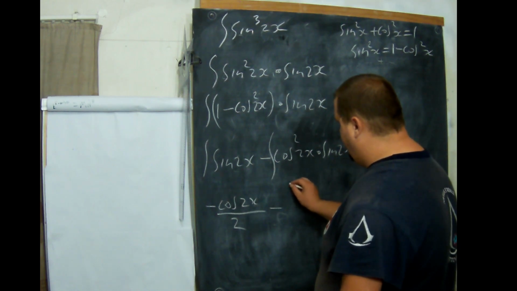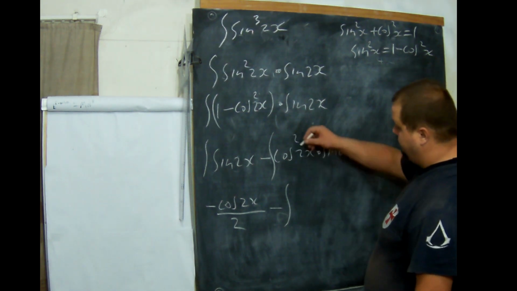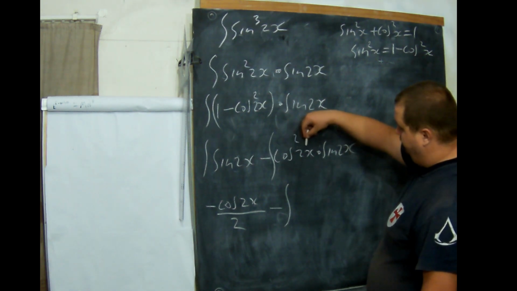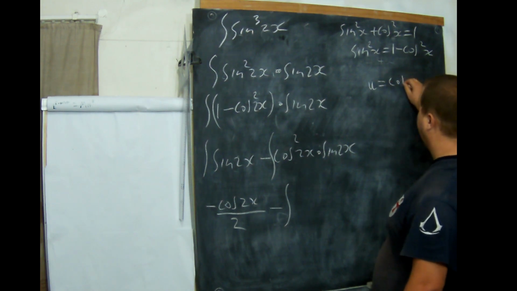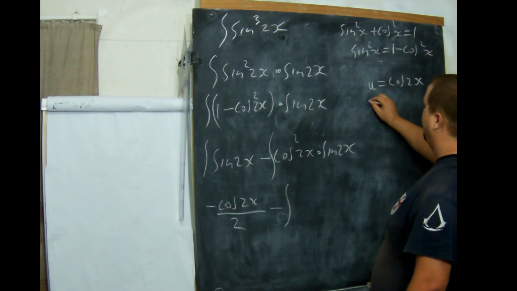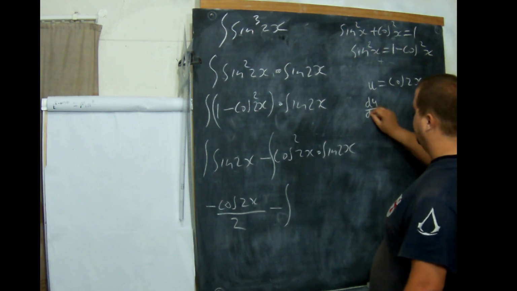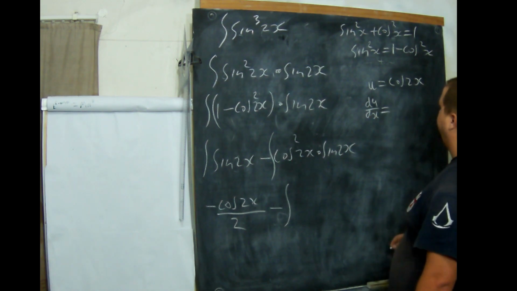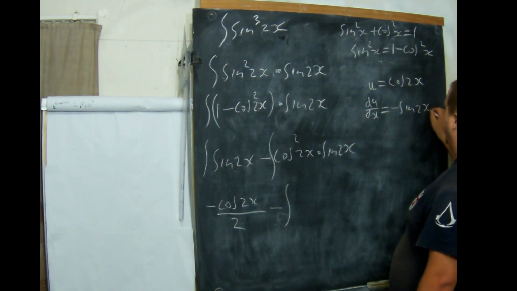minus. Now for this part, we are going to do u substitution, because cos 2x can be u. U equals cos 2x. So du over dx, the differential of cos 2x, is minus 2 sine 2x.